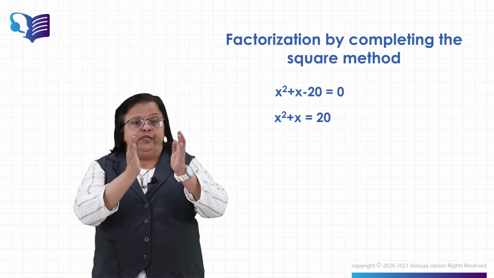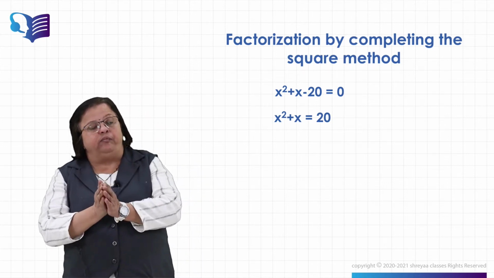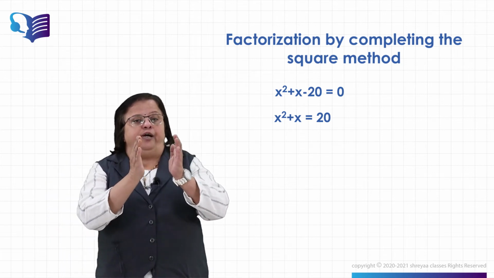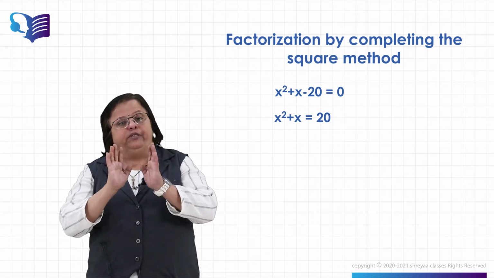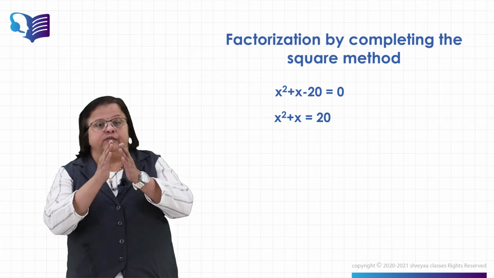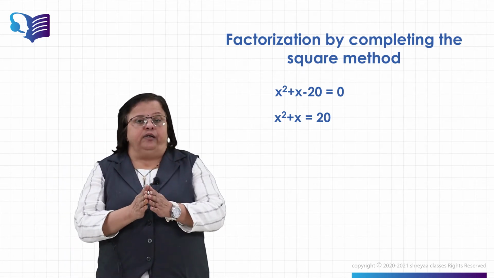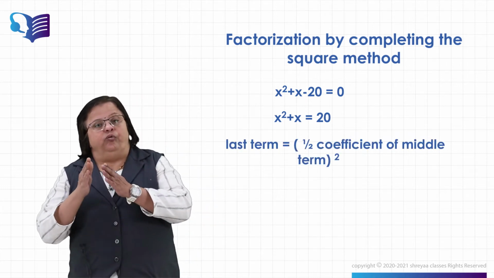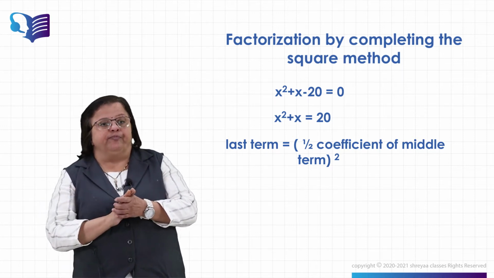You have to complete this x square plus x by finding the third term in such a way that it becomes an identity, that is (a plus b) whole square or (a minus b) whole square. To find the last term, the formula is: last term is equal to (half into the coefficient of the middle term) the whole square.